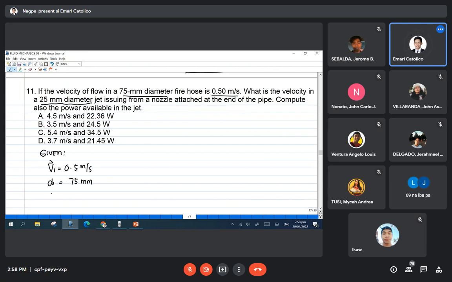DJ na lang, or D2. D2 na lang yung jet. Sige, DJ na lang. 25 mm.